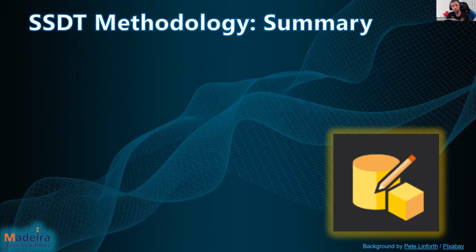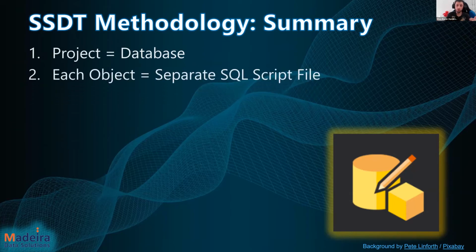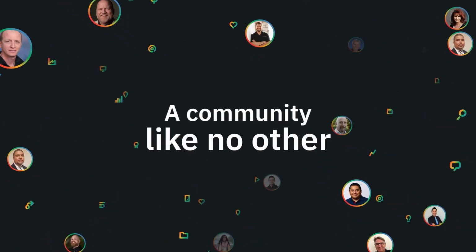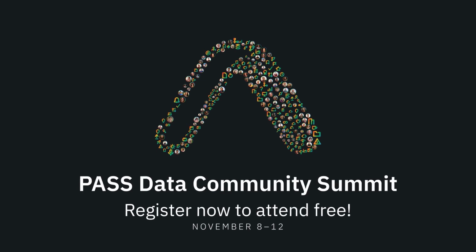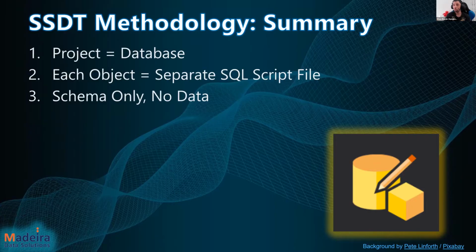So to summarize, and after this, I'll take questions. Every project in SSDT represents a database. Each object in a database will be represented by a separate SQL script file, preferably. The project could save only schema objects, like tables, procedures, functions, and triggers, and so on, not data, although there are ways to circumvent that using post-deployment scripts.